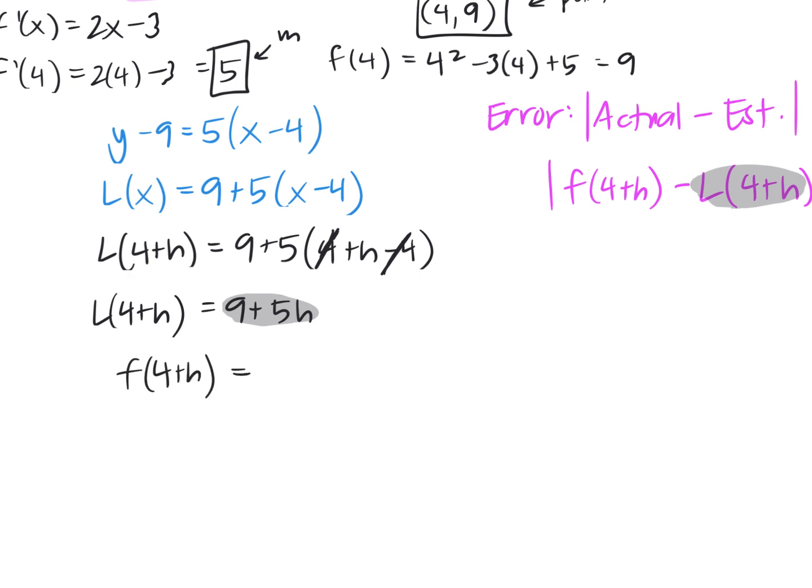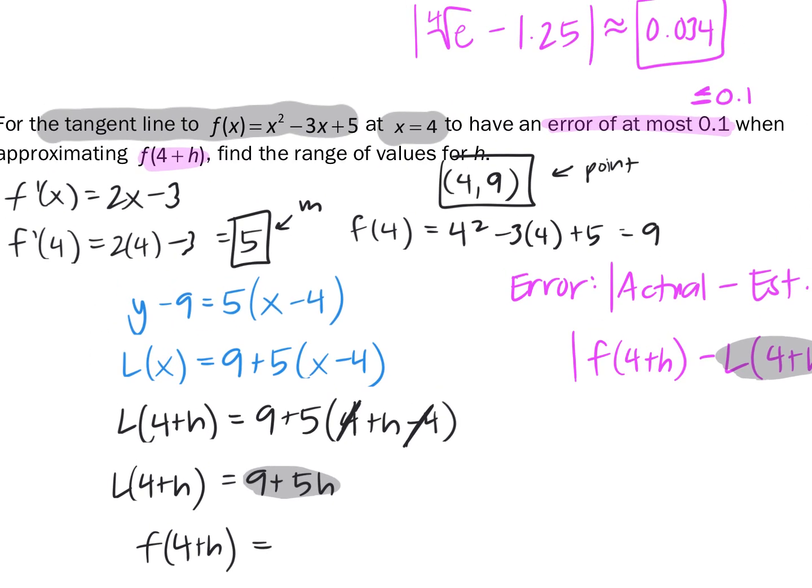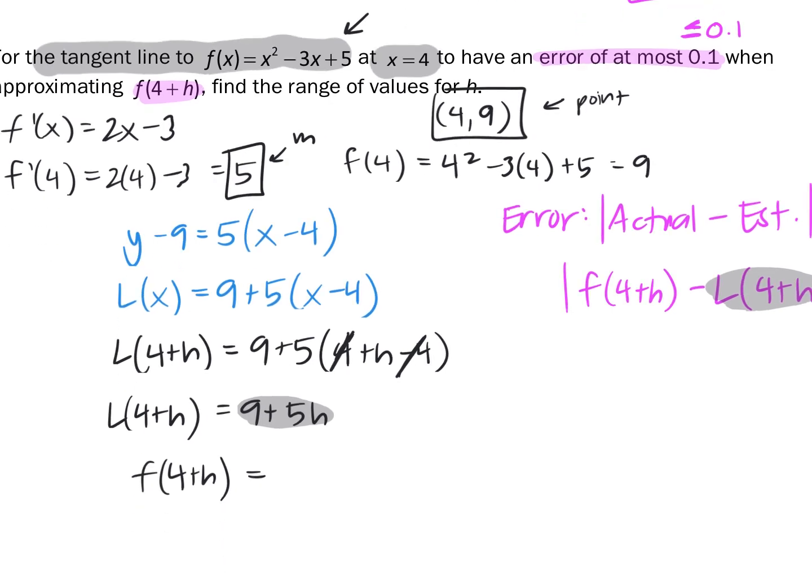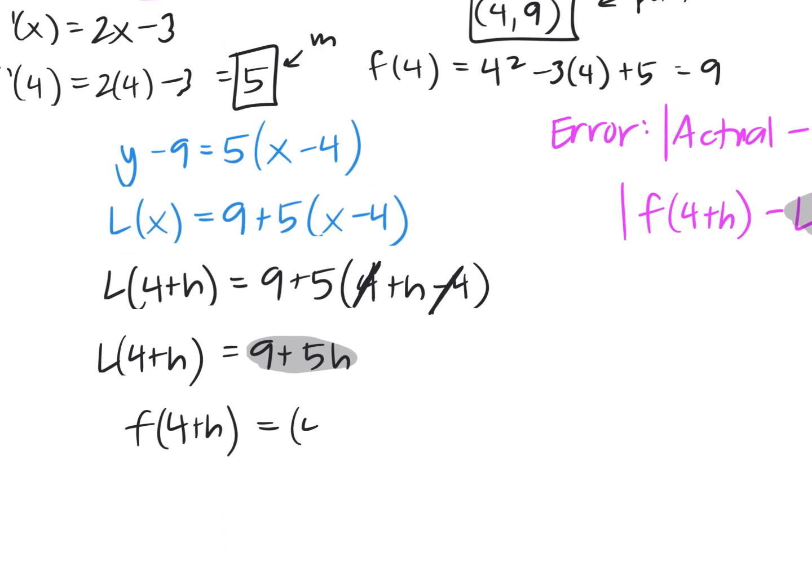F of 4 plus h means I'm going to use my original formula up here, and anytime I see x, I'm plugging in 4 plus h, right? So I'm going to have 4 plus h squared minus 3 times 4 plus h plus 5.